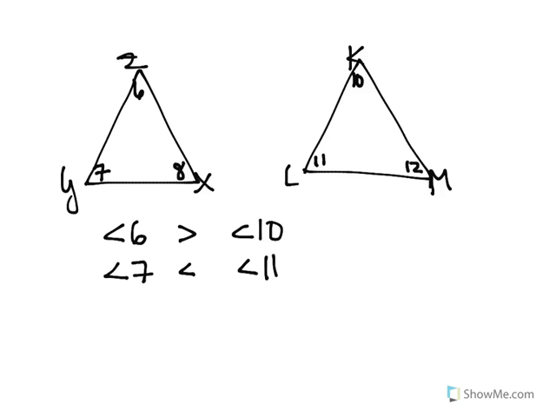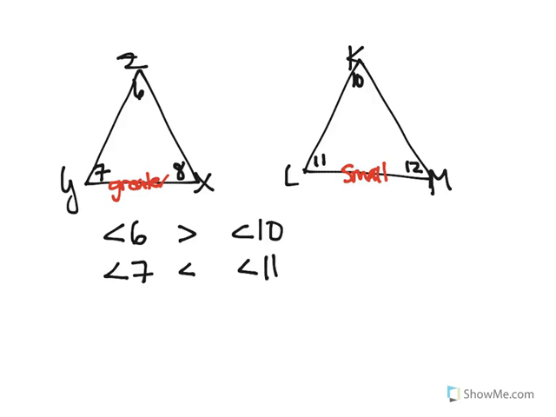So if angle 6 is greater than angle 10, we know that this side is smaller than this side. Oh, look, I just said that backwards. If 6 is greater than 10, this is the greater side, and this is the smaller one.